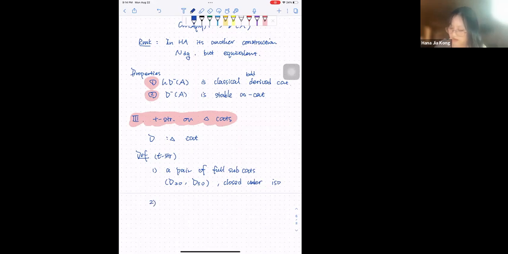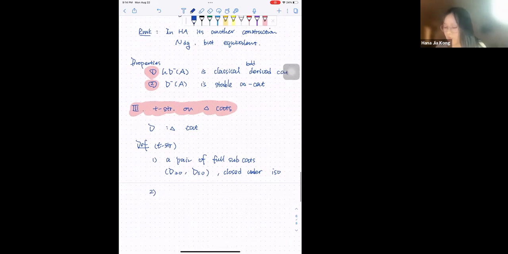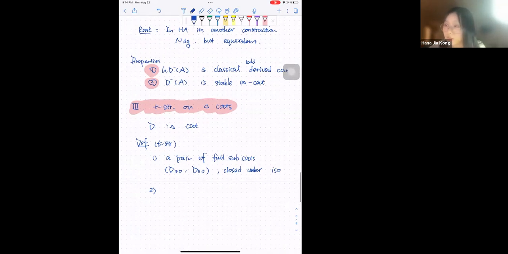By the way, here I'm using the homological convention. If you check the Wikipedia page, I believe it is using the cohomological convention, and everything is a superscript, and there's some symmetry you need to translate between these two conventions.